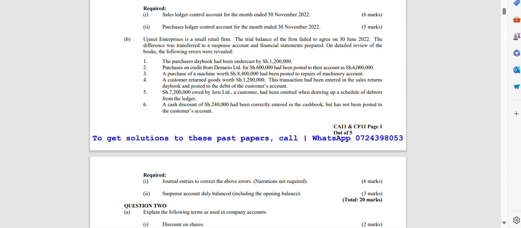A customer returned goods worth 1.2 M. This transaction had been entered in the sales return day book and posted to the debit of the customer's account. 7.2 M all to Jerry Limited, a customer, had been omitted when drawing up a schedule of debtors from the ledger. A cash discount of 240,000 had been correctly entered in the cash book but not posted to the customer's account. You are required to prepare journal entries to correct the above errors and the suspense account duly balanced, including the opening balances.